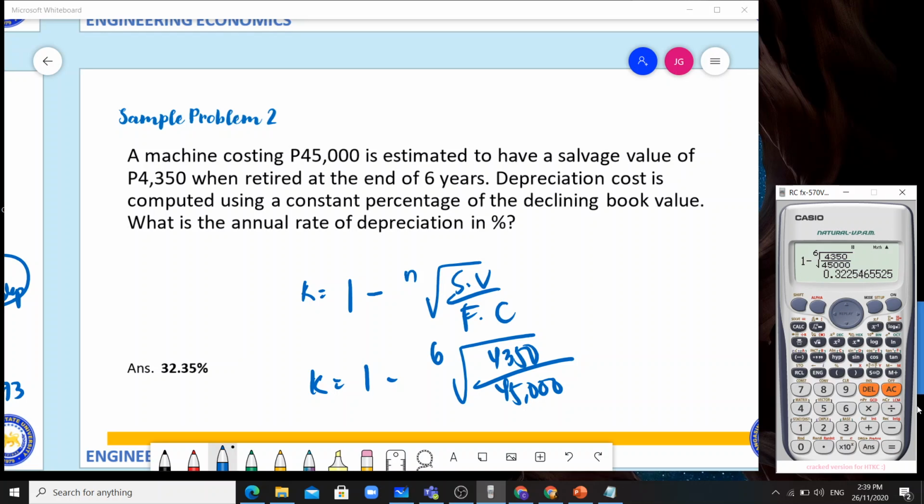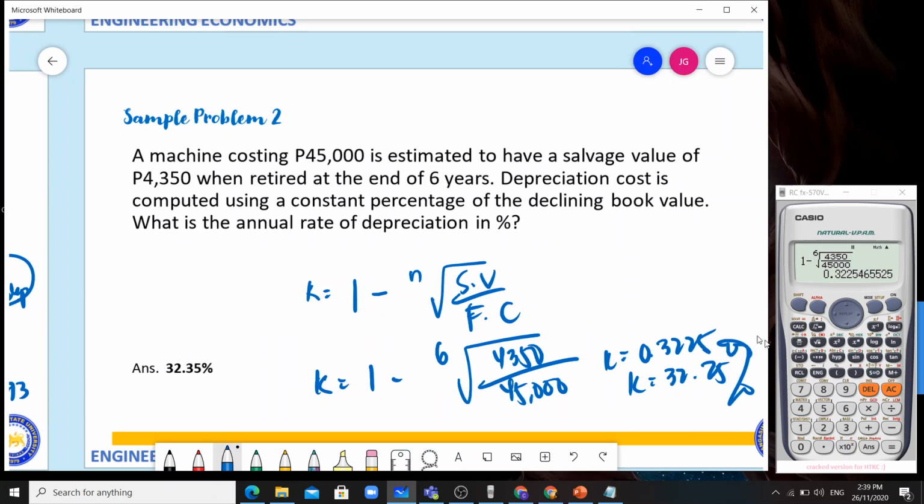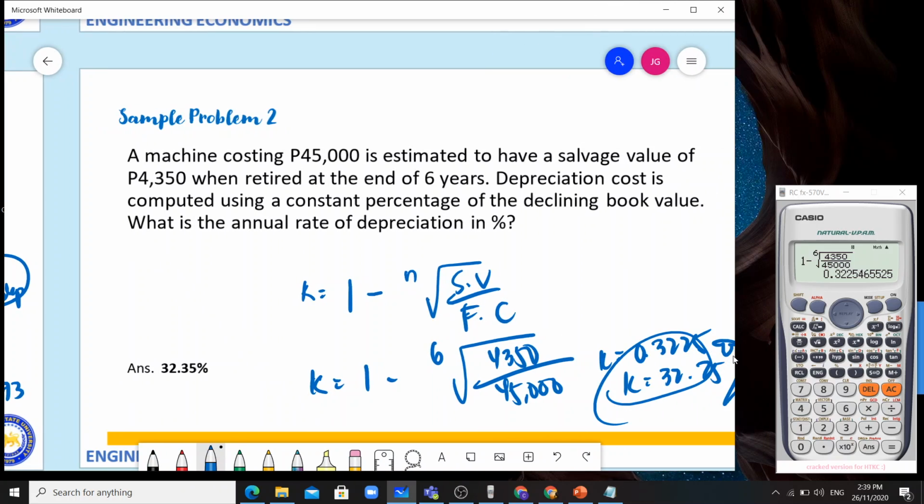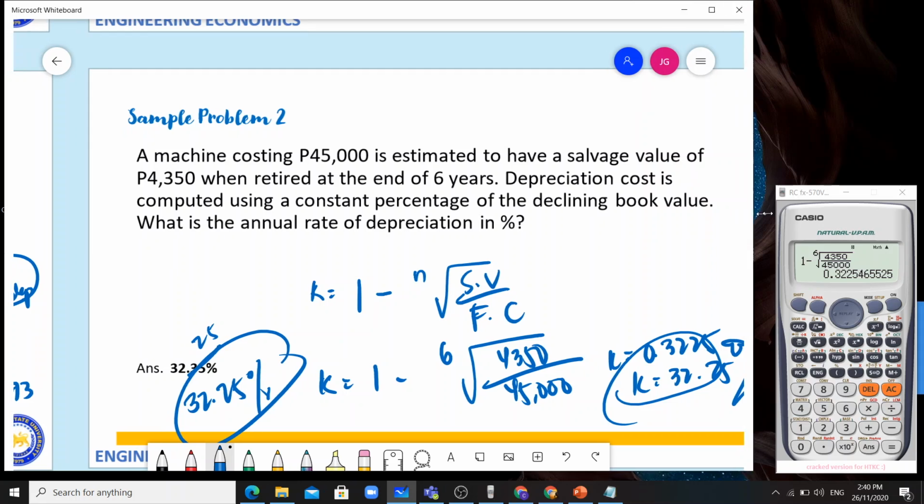So we have K equal to 0.3225 or 32.25%. Okay, 32.25%, not 35.25. 32.25%. So this is the final answer for sample problem number 2.